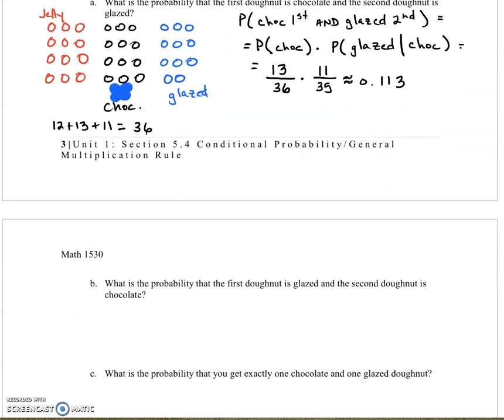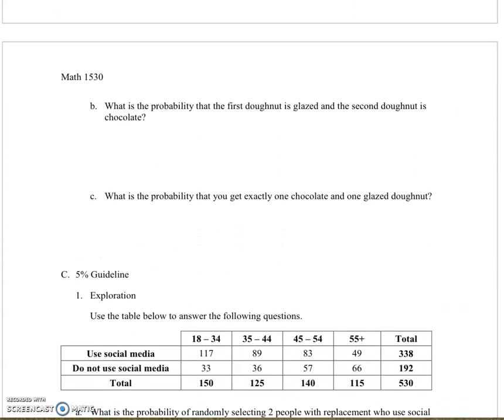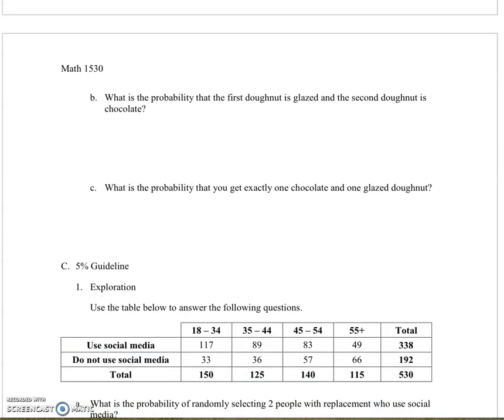Okay, let's try part B. What's the probability that the first donut is glazed and the second is chocolate?